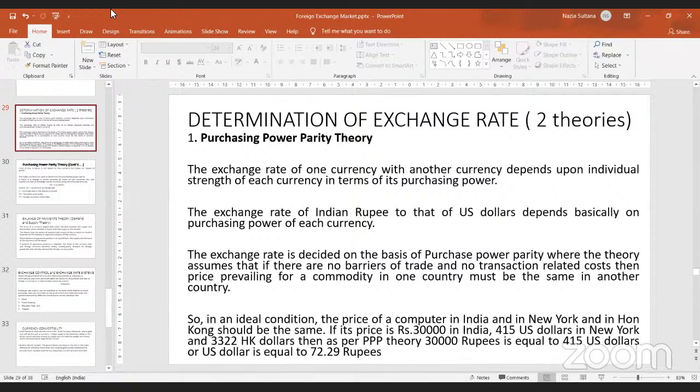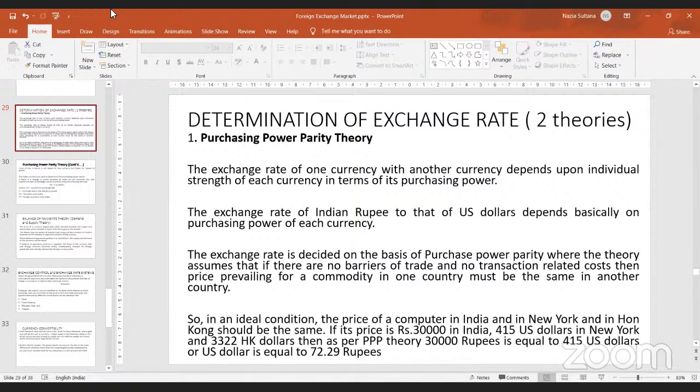That means there is no entry barrier or restriction. Countries can freely trade, and there are no transaction costs, because if transaction costs are there, that gets added again to the price of the commodity. So the price of the commodity expressed in terms of one country's currency should be exactly the same expressed in terms of the other country's currency if you're buying the same commodity. That is your purchasing power parity theory.